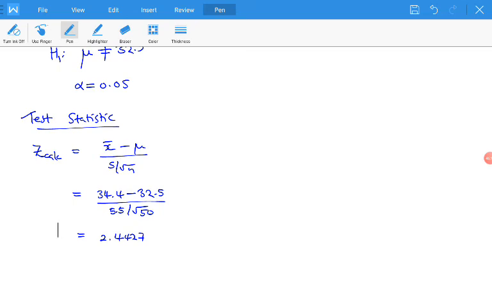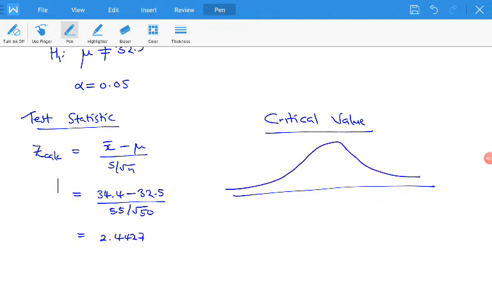Now we want to determine the critical value. Because it's a two-tailed test, we have two rejection regions, one rejection region and the other rejection region. So our alpha is going to be divided into two.